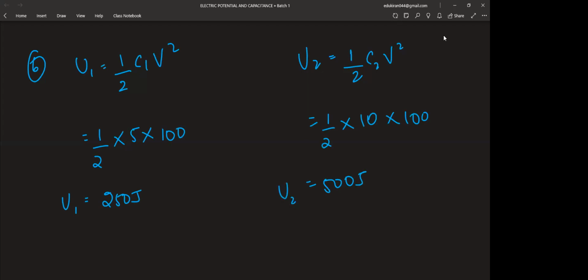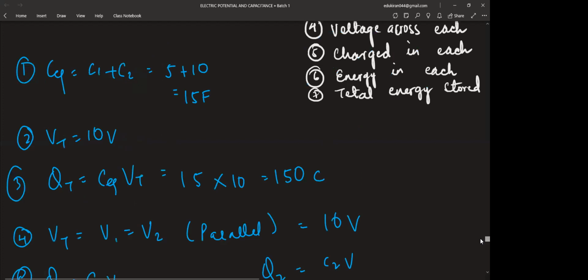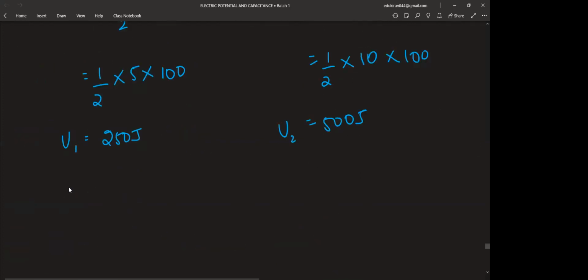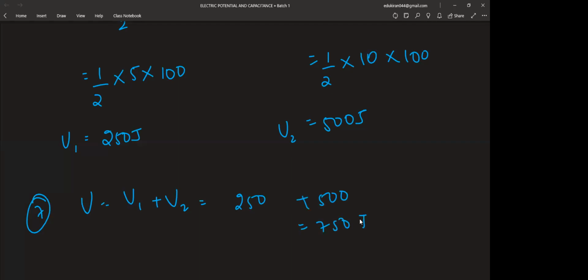Fine. Last part is total energy stored. Class, there are two methods by which you can solve. One is you can directly add U1 plus U2. You know the individual energies, 250 plus 500, which is equal to 750 joules.